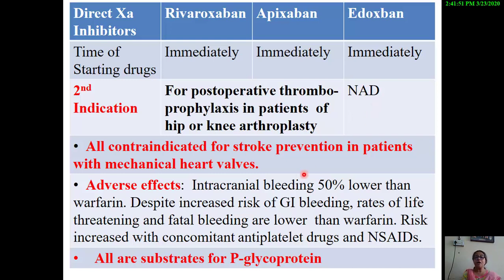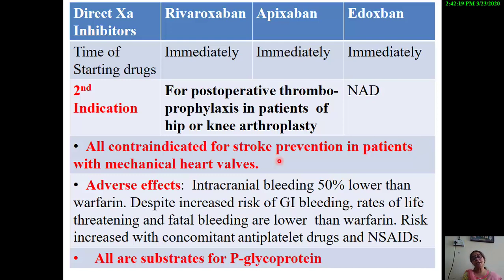Now, all of them are contraindicated for stroke prevention in patients with mechanical heart valves. So, if it is a patient of atrial fibrillation with mechanical heart valves, then remember rivaroxaban, apixaban, edoxaban, as well as dabigatran are not preferred. If you want to give an oral agent, then the preferred oral compound is warfarin.